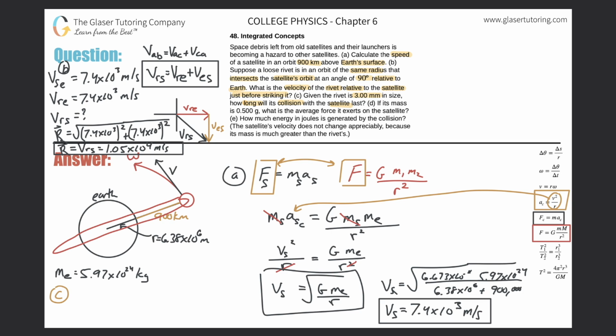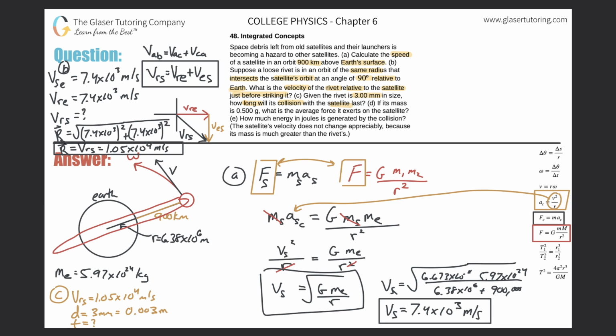Remember that we do know the velocity of the rivet relative to the satellite that we just found, 1.05 times 10 to the fourth meters per second. Notice also we know a distance, the size of the rivet. It's 3 millimeters, which you have to convert, that would be the same thing as 0.003 meters, and we're looking for time.